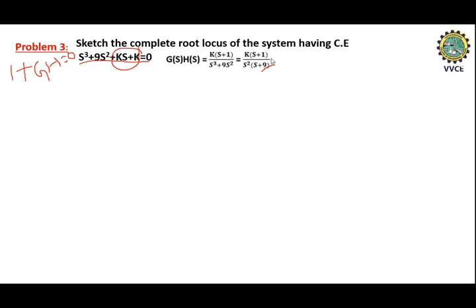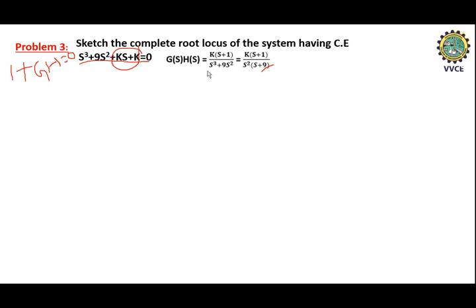So 1 into the whole term plus k into s plus 1 equal to 0. The denominator term becomes 0, and in the numerator we get s cube plus 9s square plus ks plus k equal to 0. So this is a valid open loop transfer function.